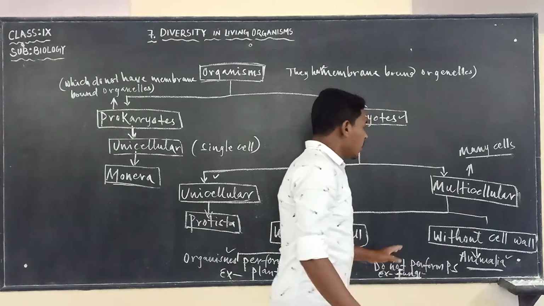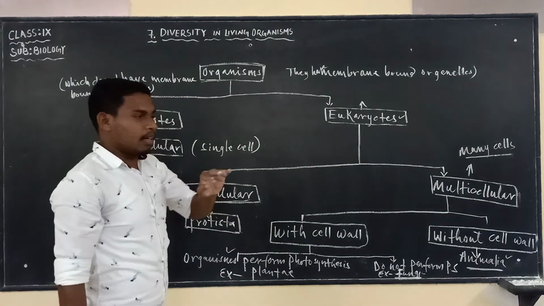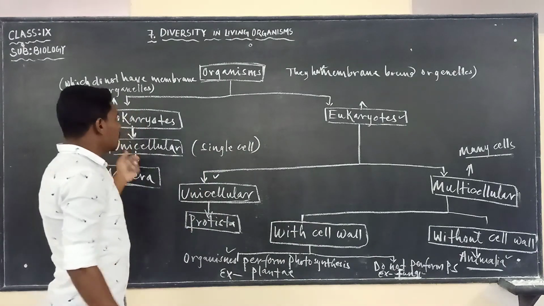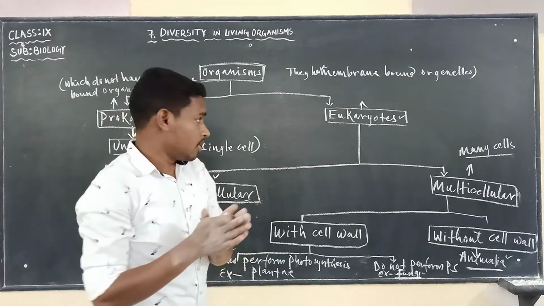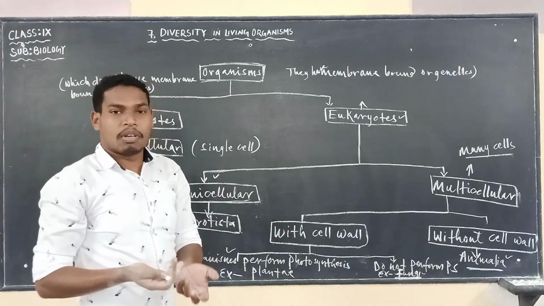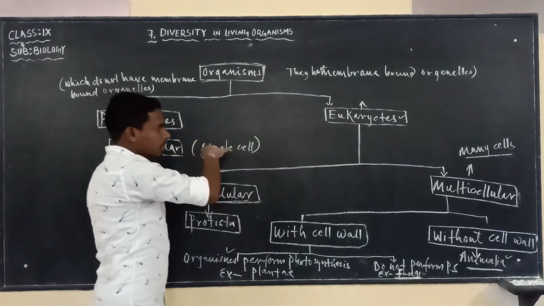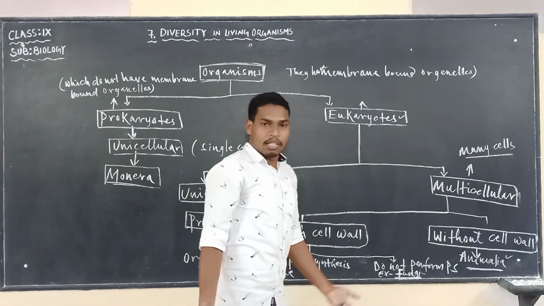Okay, once again let us have a quick view. Organisms were divided into two broad categories based on the membrane bound organelles. Organisms that do not have membrane bound organelles are grouped under prokaryotes, and organisms that have membrane bound organelles are grouped under eukaryotes.